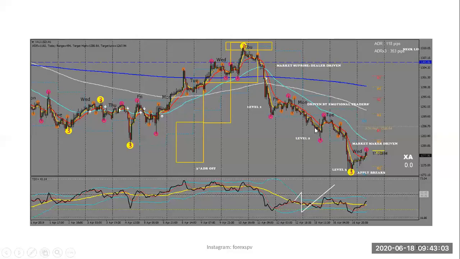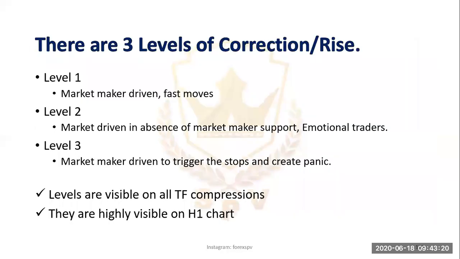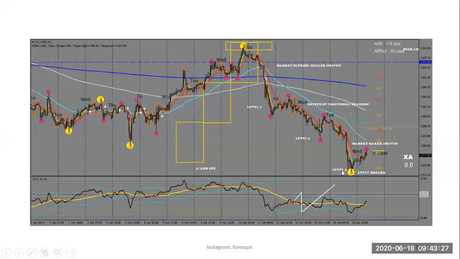It's usually rough, and then you see the dealer's hand in level three. Because in level three, you see the market moving fast, and there is where the dealer will be using retailers to enter shorts. So you'll be triggering stops and creating panic, and eventually the market makers will apply the brakes, and then the market will reverse.